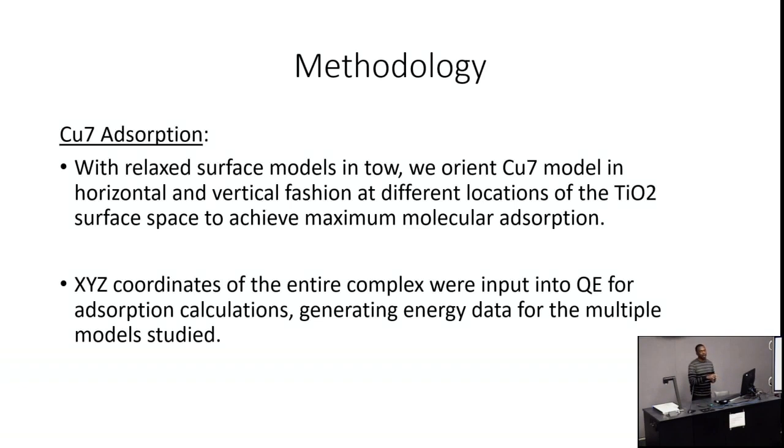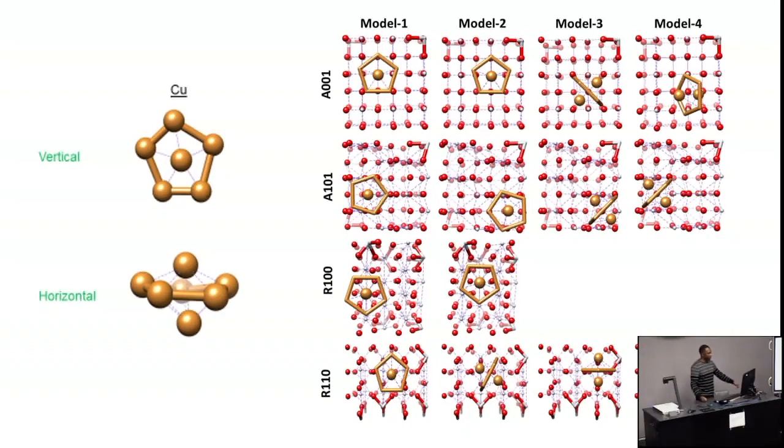So what we do next, we scan the surface with the copper 7 model, and we put this model in different orientations on each surface, on different spots, laterally and perpendicularly, just different angles, and try to find the best adsorbing pattern for that copper 7.